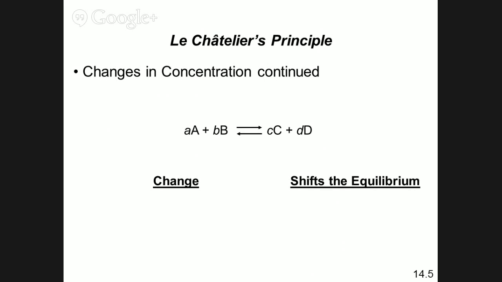So here's a way to summarize some of the things that are going on. If we add any products, then it's going to shift to the left. Okay, so increase concentration of products, we will shift to the left. Shifting to the left means make more reactants.